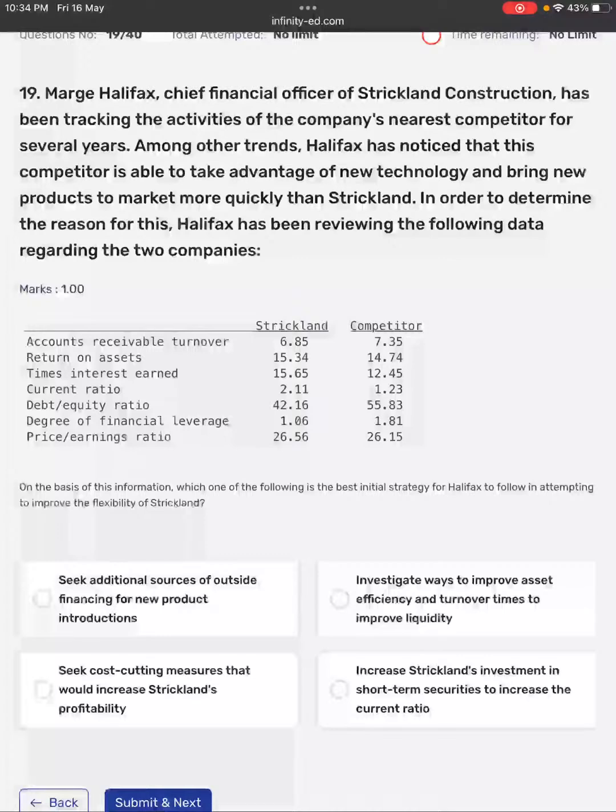Faster turnover and faster cash flow allow investment in research and development and innovation, improving returns without sacrificing profitability. The other options: outsourcing finance does not address the internal delays; profitability is already strong; the current ratio is already high; more short-term investment may reduce flexibility. That's why B is the most strategic answer.